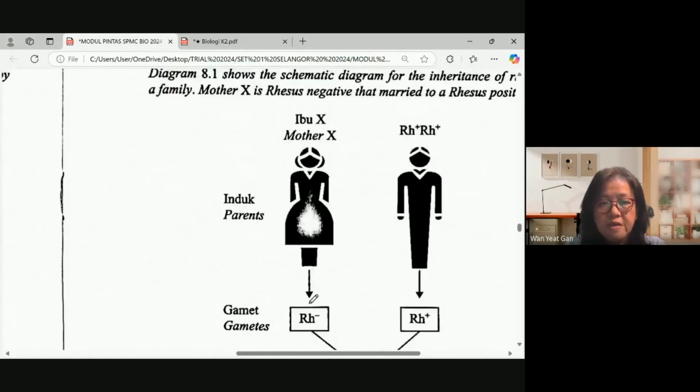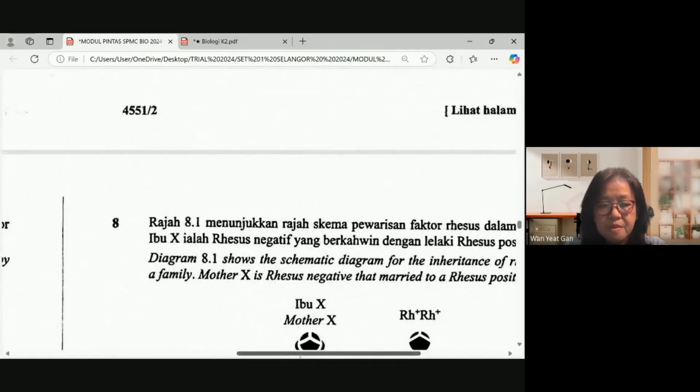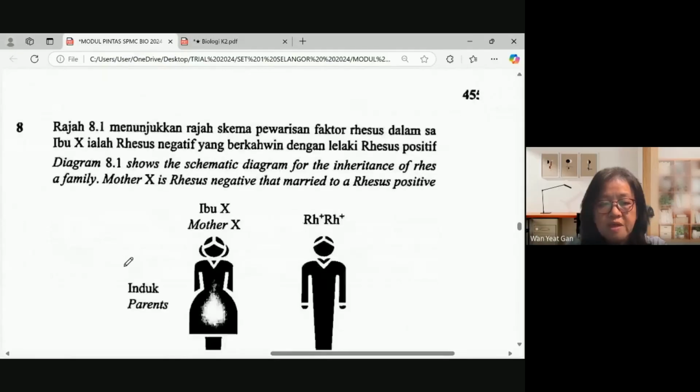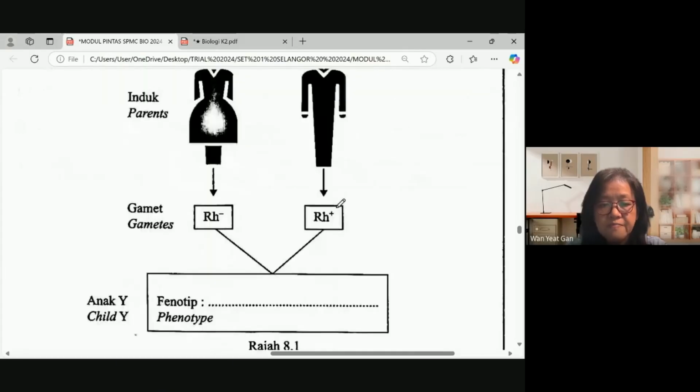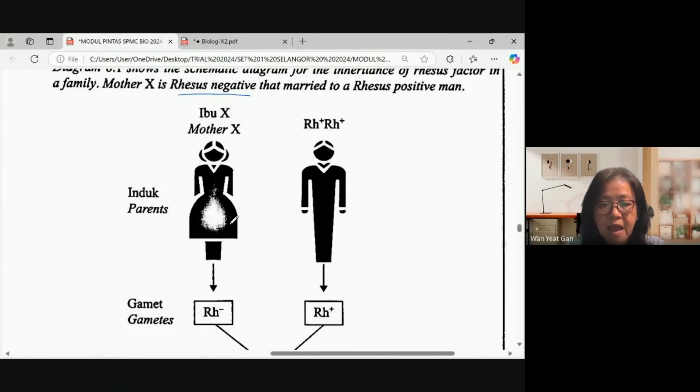Okay, now we see question 8. 8.1 shows the schematic diagram for the inheritance of rhesus factor in a family. Mother X is rhesus negative and marries a rhesus positive man. So the mother is rhesus negative, so the genotype is RH minus RH minus.